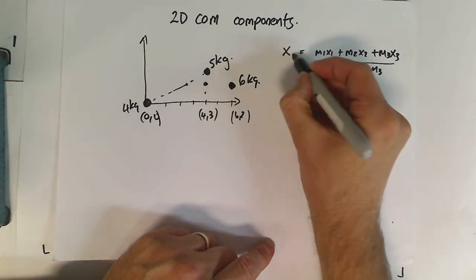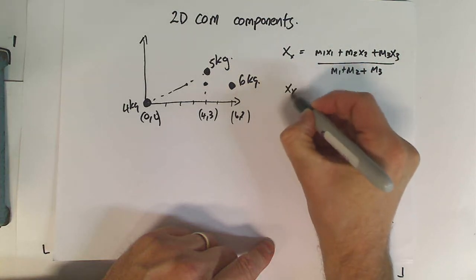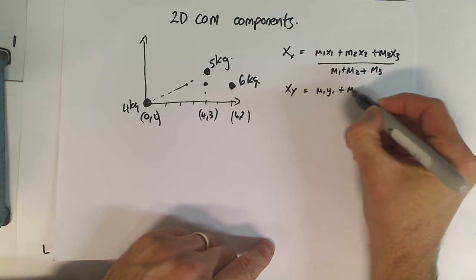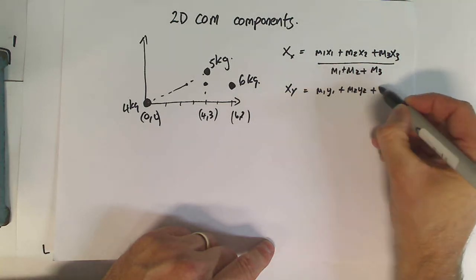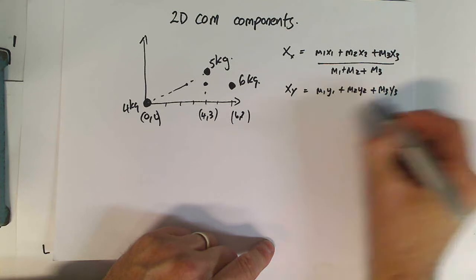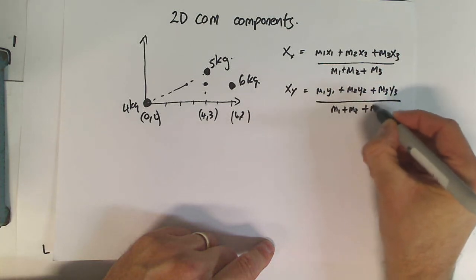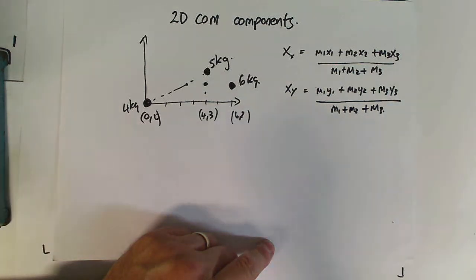Now that's for the x component. For the y component it will equal m1 y1 plus m2 y2 plus m3 y3 all over m1 plus m2 plus m3.